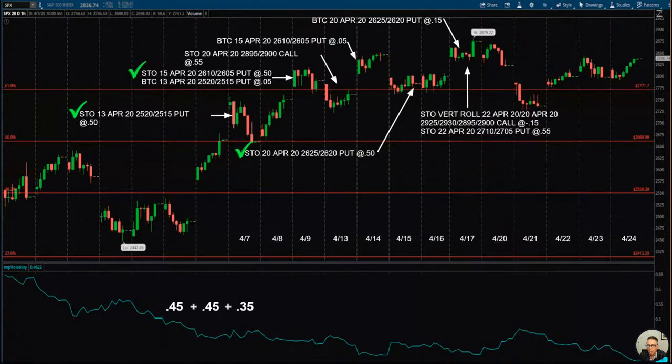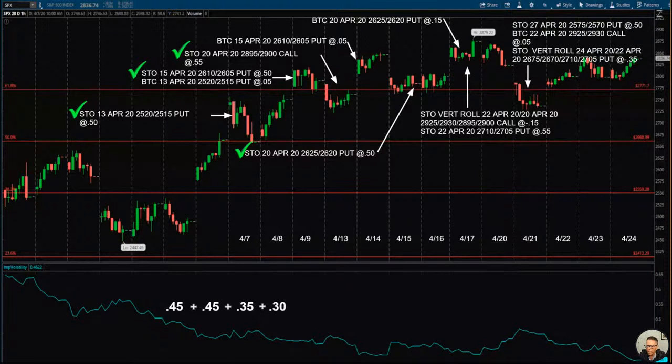And then I put on another put spread, and I had to roll the call spread and took a debit of 15 cents. Then I was able to sell another put spread and bought the call spread for 5 cents.